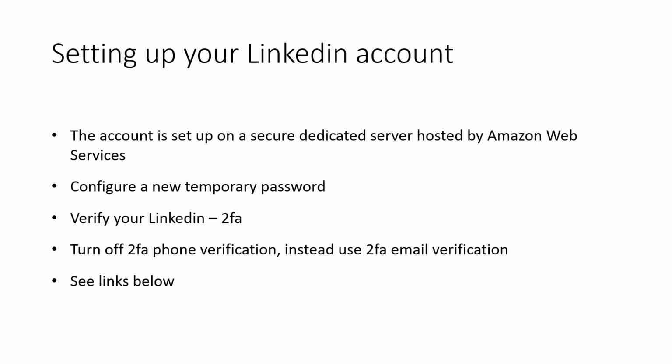But if you've got 2FA phone verification turned on your account, and if you do, you probably know about it, you need to go to LinkedIn settings and turn that off and rely on the 2FA email verification. This is required to connect and verify your account on the platform. And if you're wondering why it isn't working to connect it and verify, it could very well be because you've got the 2FA phone verification on.